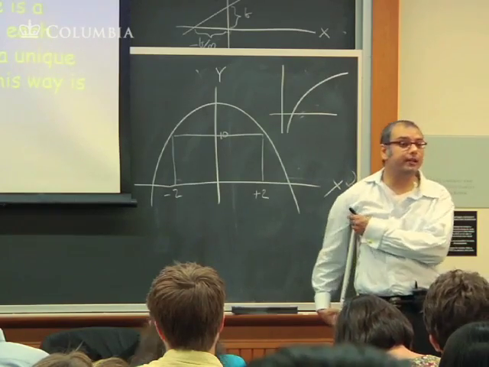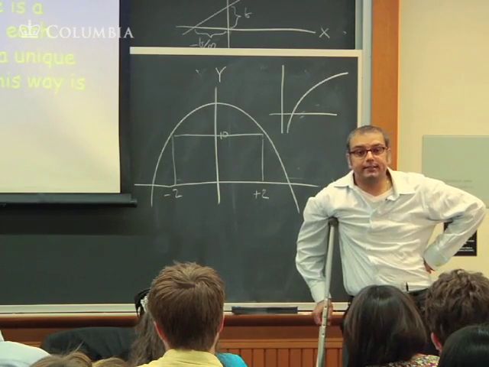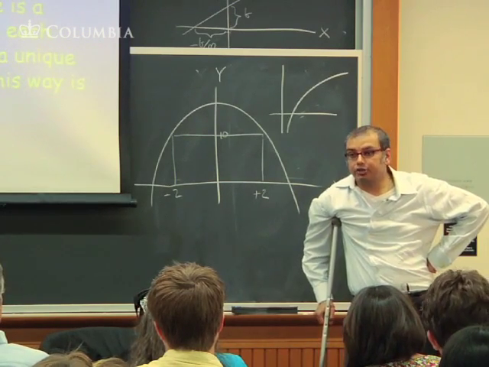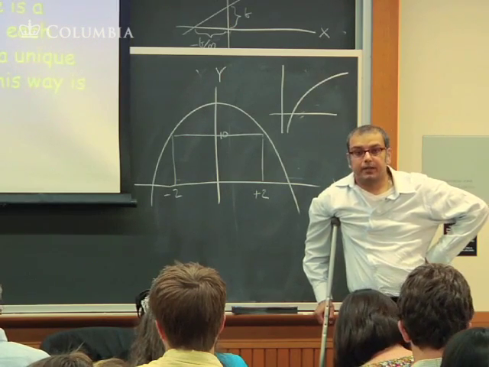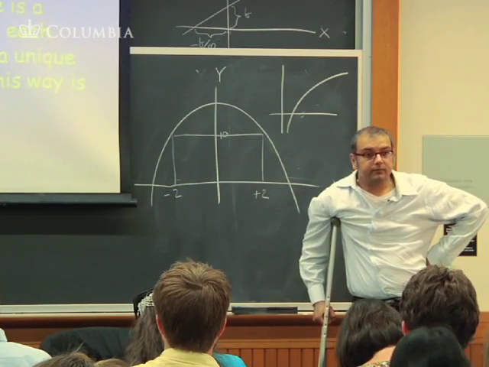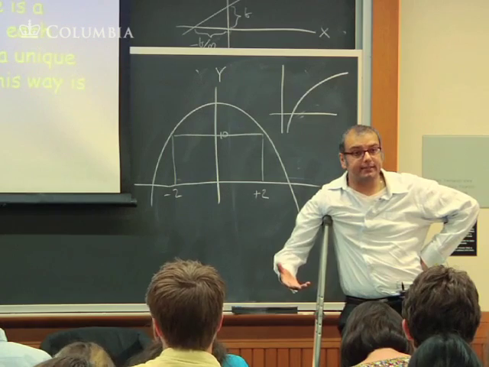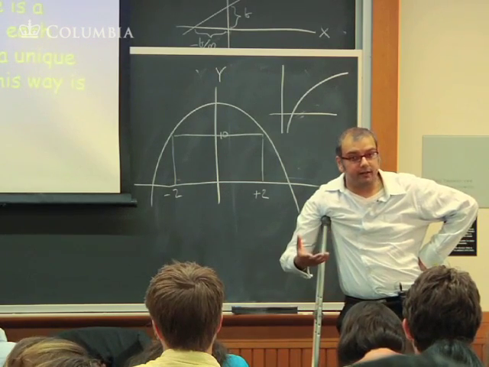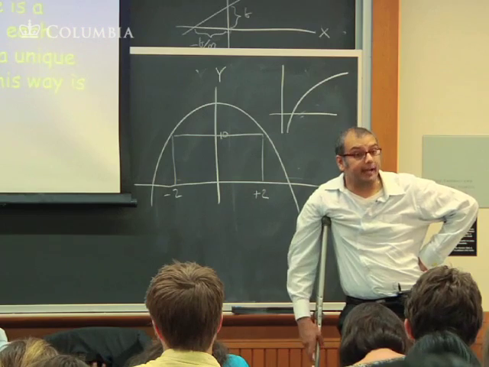Now, the rule that assigns that single or unique value of x to every value of y is called the inverse function. So you could think of the inverse function as the rule that reverses the effect of the original function. So we started out with the function 2x. That's a rule that says give me x, multiply x by 2, and I'll give you an output equal to 2x.